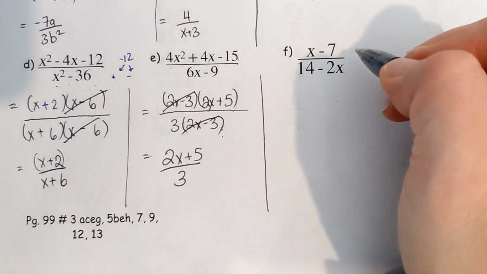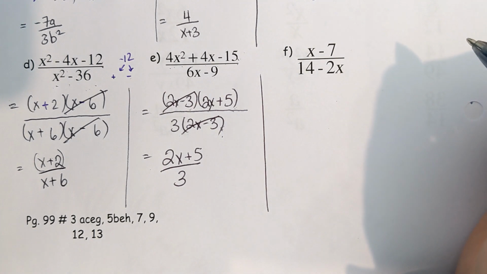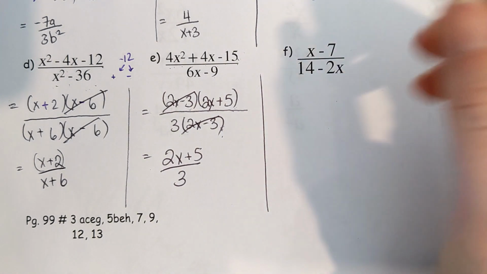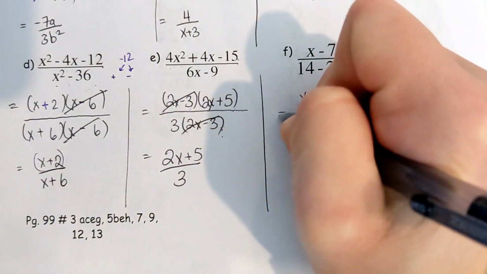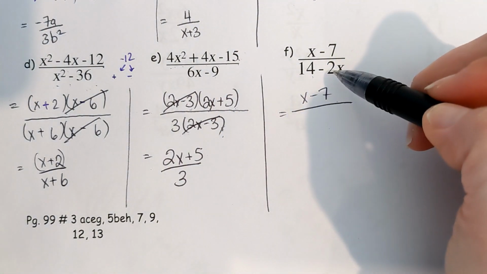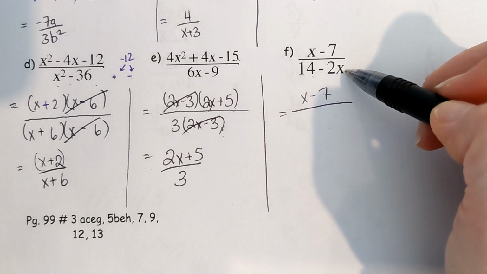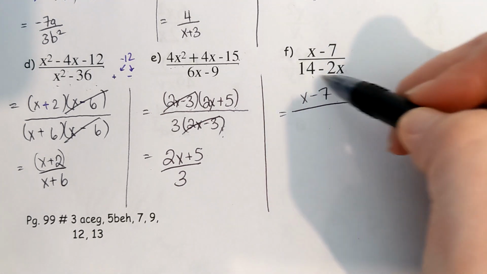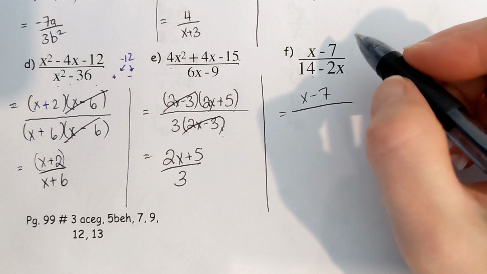Okay, last one. x minus 7, there is nothing in common. It is not a trinomial. There's not even a squared term, so that's already factored. So I'm just going to write that again. 14 minus 2x, well, that has a common factor of 2.